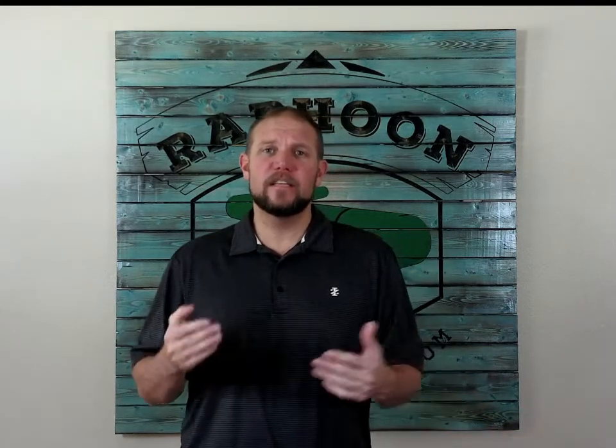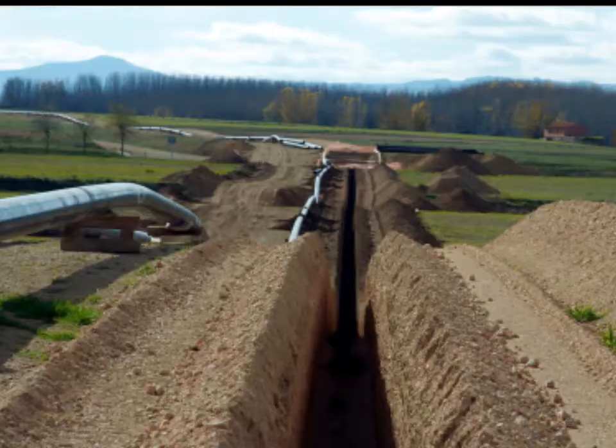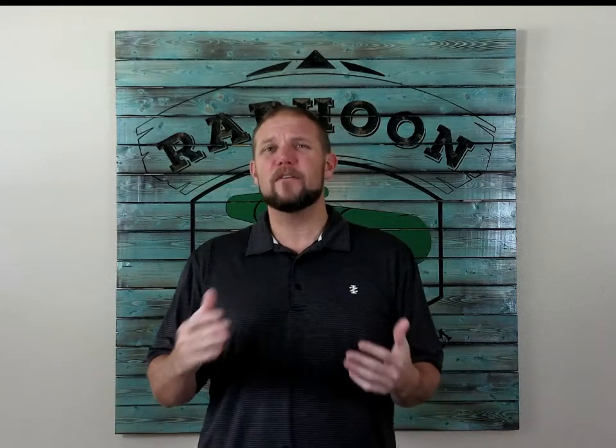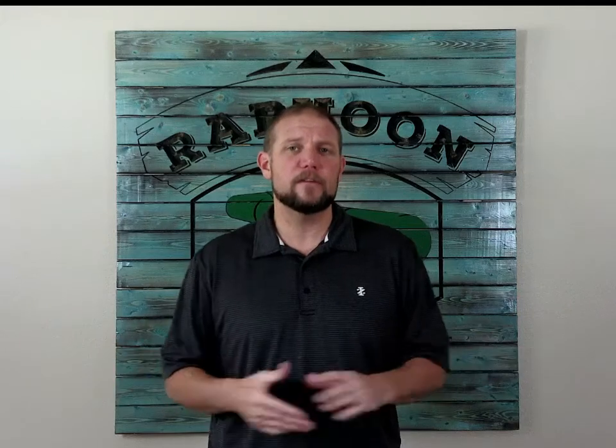So let's talk about what an HDD is. An HDD, horizontal directional drill, is used when you need to install pipe and you can't dig a trench. Most of the pipeline is installed by somebody going along the right of way, digging a trench, doing all the coating and pipeline fabrication up above the trench, and then laying it into the ground. It's a fairly safe way to move pipe into the ground without causing damage.